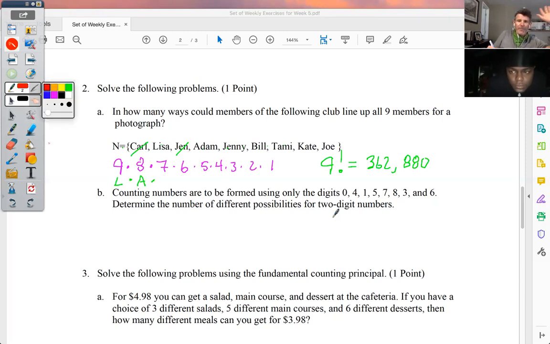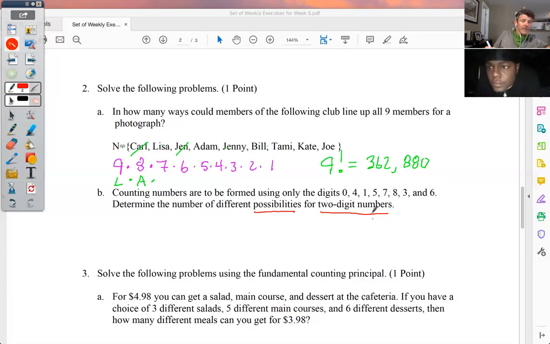The bottom line is we're looking for possibilities for 2-digit numbers, and the only numbers we get to use are 0, 4, 1, 5, 7, 8, 3, and 6. So we're going to make a sample space, and if we're systematic and clean about it, then we'll be able to see it.